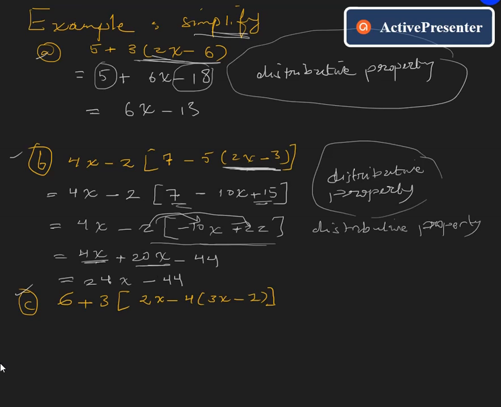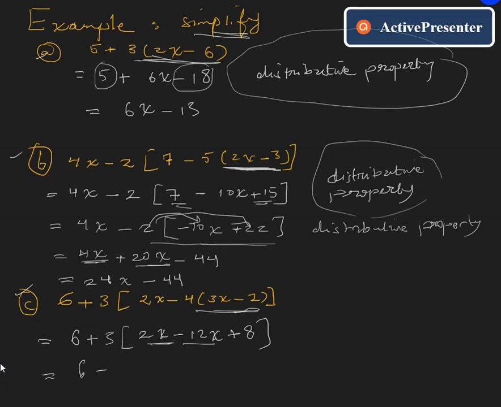The third question, without mentioning the property. Without writing the property, I have to write the answer. Okay, so this is eventually equal to 6 plus 3 multiplied. Start with the innermost parenthesis, so this is minus 2 multiplied in 2x minus, so this is decomposed into minus 12x plus 8. Now combine the variables together.